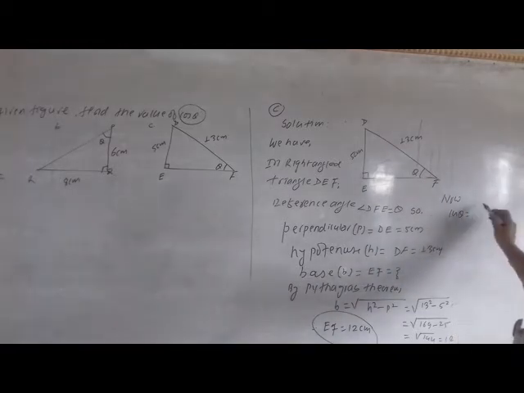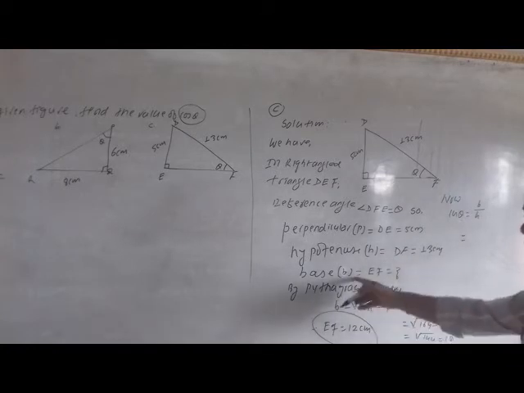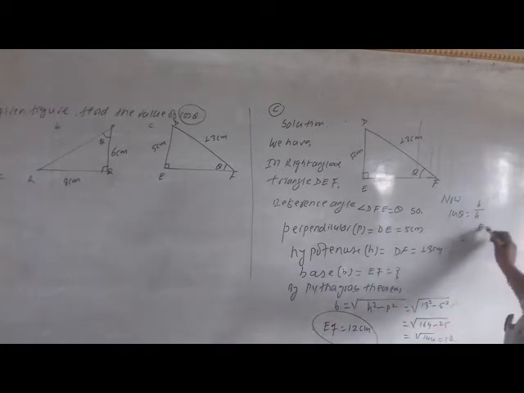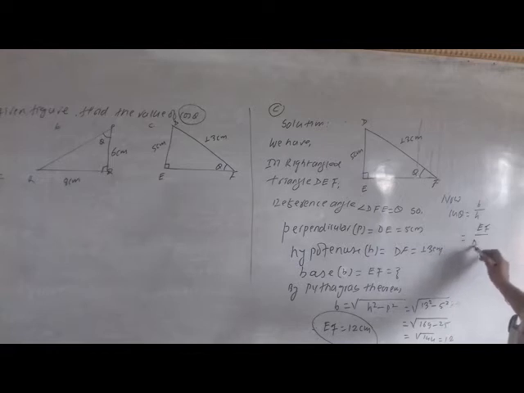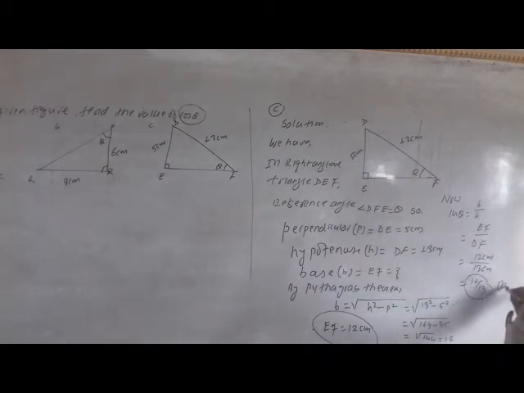The formula of cos theta is B by H. So what is the value of B? B represents EF and H represents DF. EF is equal to 12 cm, and DF is 13 cm. We have 12 by 13, which is the required answer.